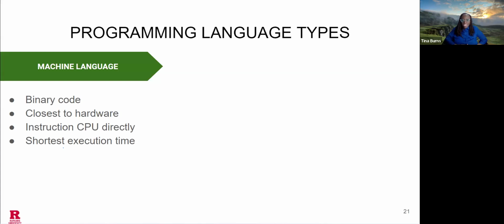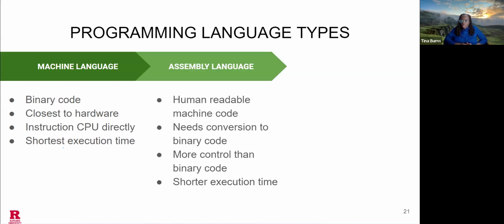It's going to be the fastest to operate. And from machine code, you can write instructions to the CPU directly. In addition to this, it also has the shortest execution time because you don't need to interpret it, because you don't need to convert it. If you wrote something in zeros and ones directly, it's going to be able to execute a lot faster than some of the upper level languages.